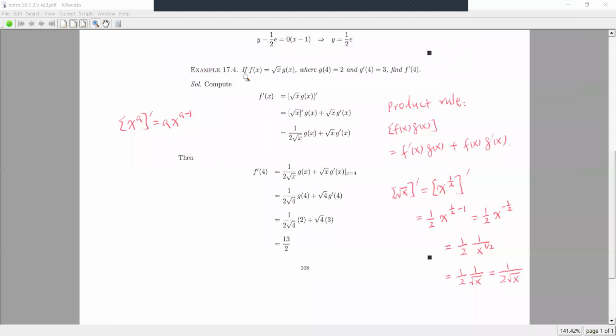Example 3. If function f is the square root of x times function g, where g(4) is 2 and the derivative of g at 4 is 3, find the derivative of function f at 4.